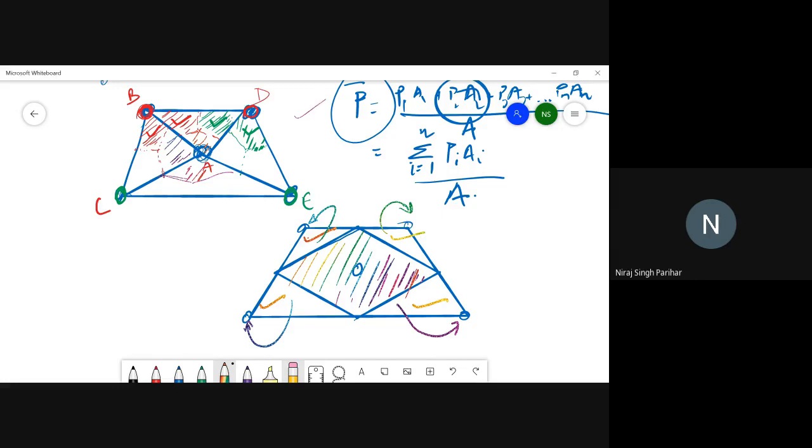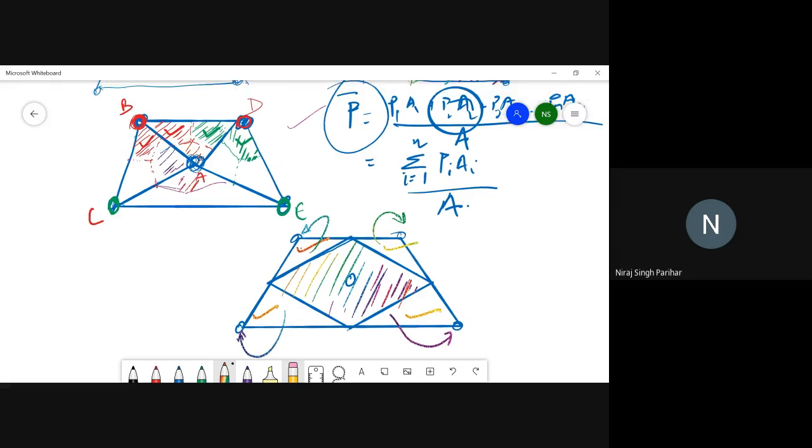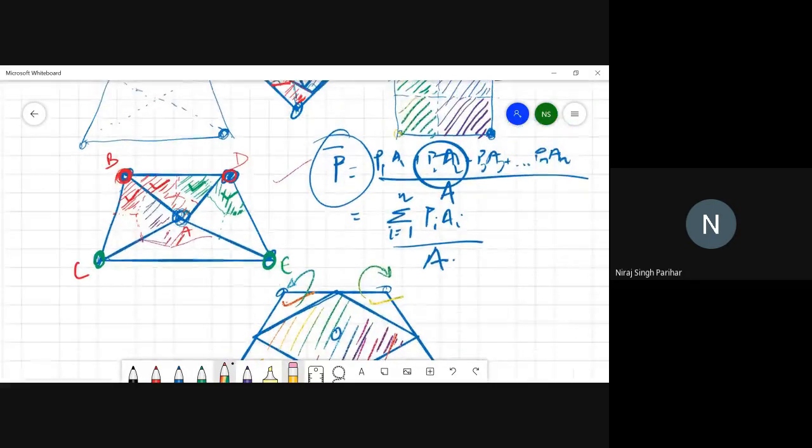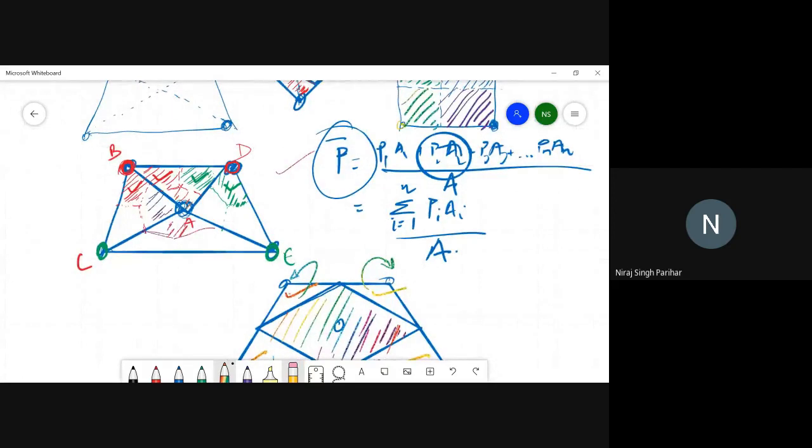You can write down this formula, P bar formula: P bar equals P1A1 plus P2A2 up to PnAn, divided by A, the entire area.